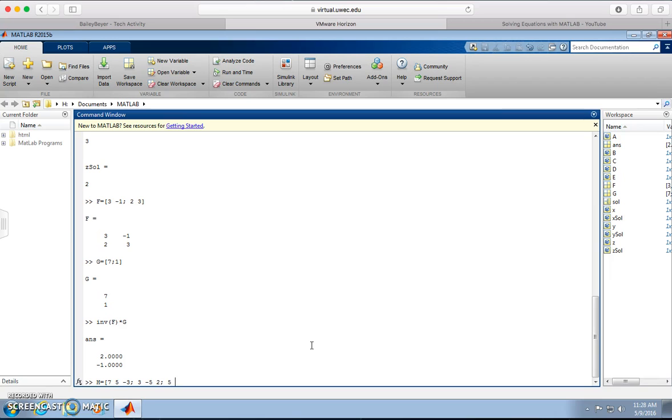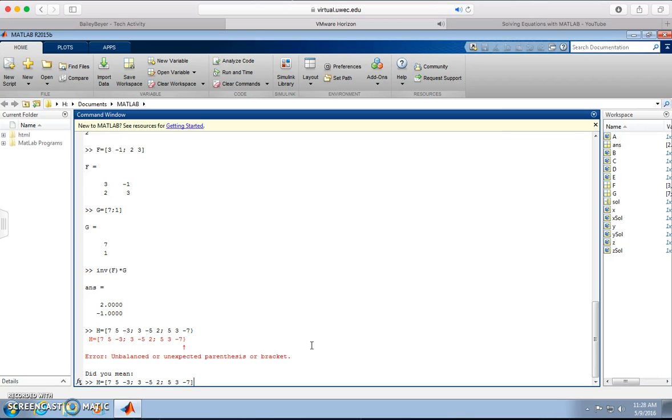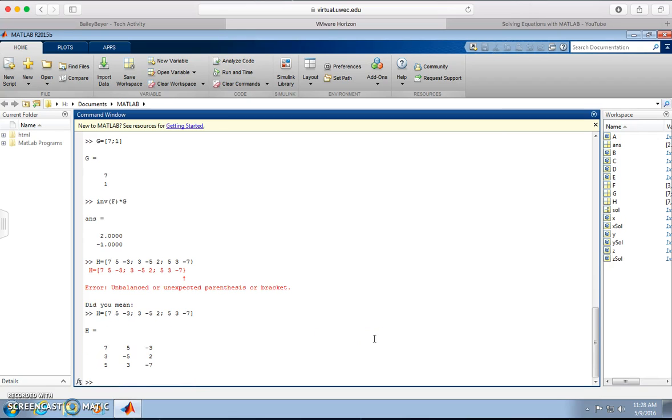And 5, 3, negative 7, closing bracket, and hit enter. That should be a bracket, not a brace. There, that looks good. Now we'll define I as 16, semicolon, negative 8, semicolon, 0, closing bracket.